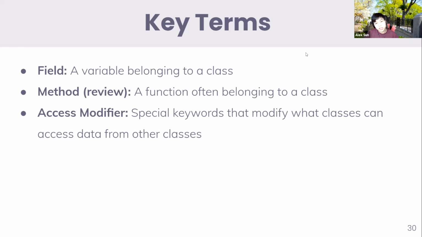And an access modifier is just some special keywords that modify where the data can be accessed from. When I think of those, I think of the words private or public. Are there any questions about any of those key terms?